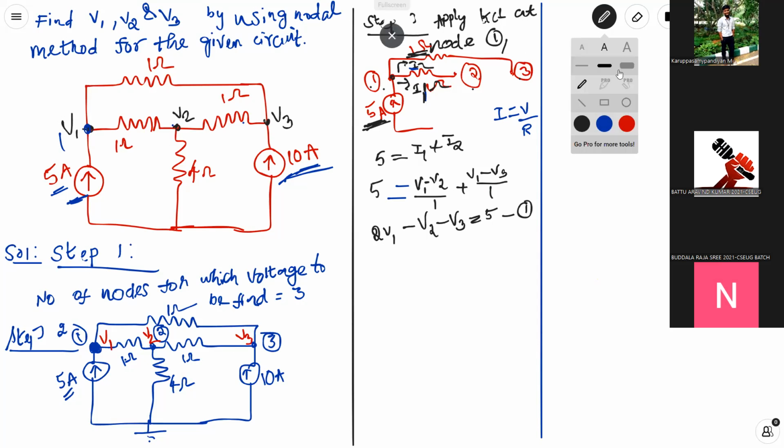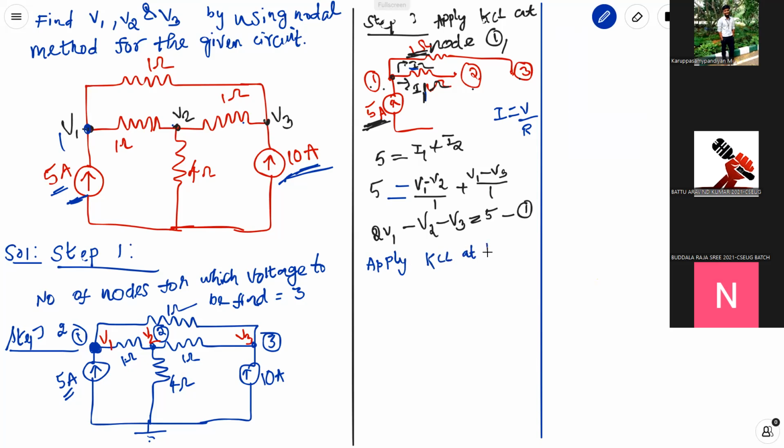Next, let us apply KCL at node number 2. Node number 2 connects 3 elements, right? Two 1 ohm resistors and one 4 ohm resistor. Better I draw that here so that you can easily apply the Kirchhoff current law.